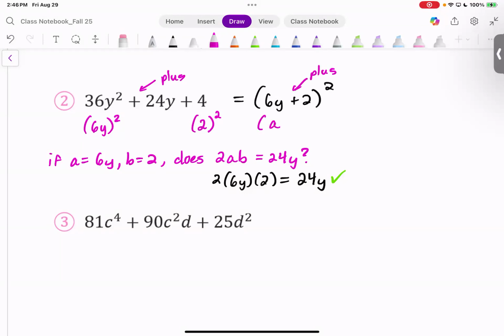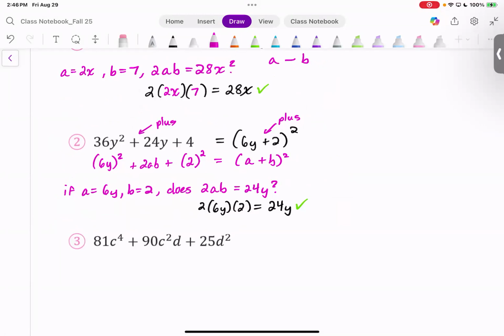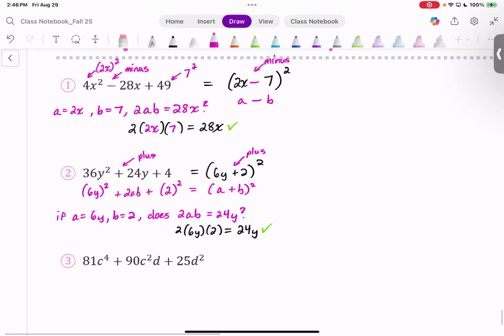This was a plus b squared. And that's my final answer. I'm going to write each of these one more time just so I can box it, so you can see it is the final form.